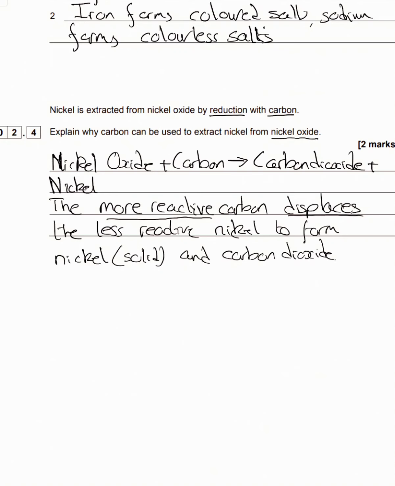And this would be the same for any metal that's less reactive, any metal oxide that's less reactive than carbon. So iron oxide, copper oxide, all of those would be fine.